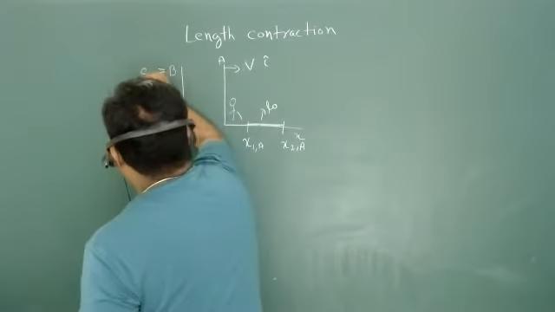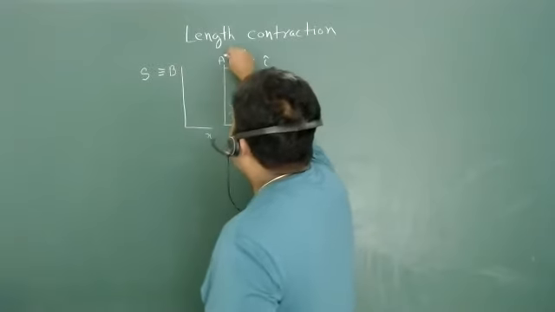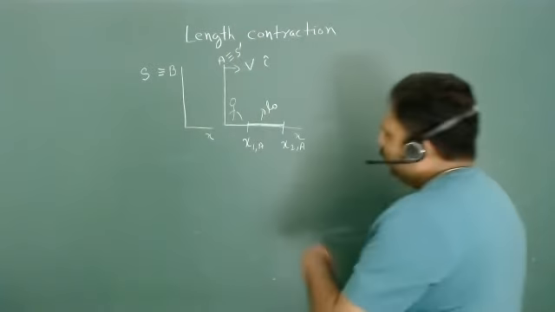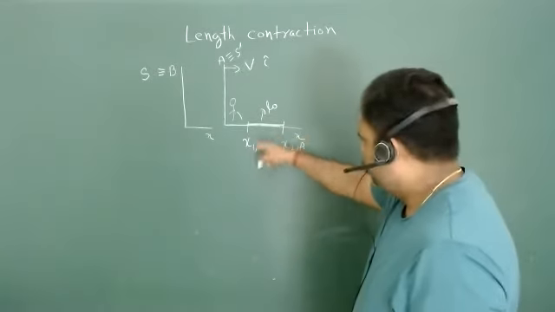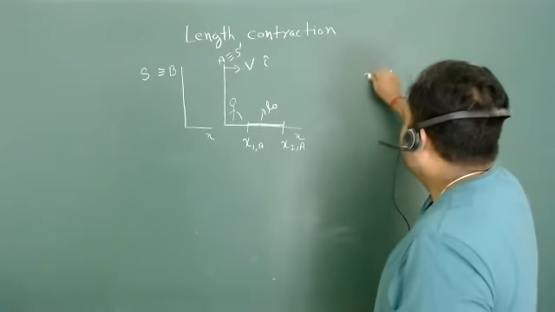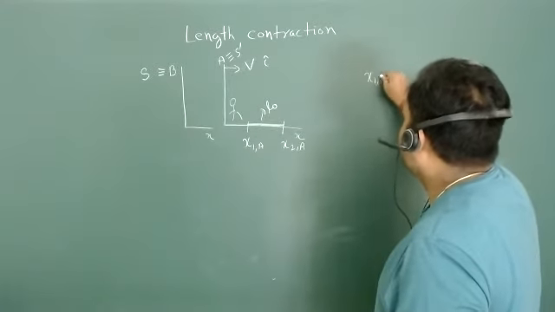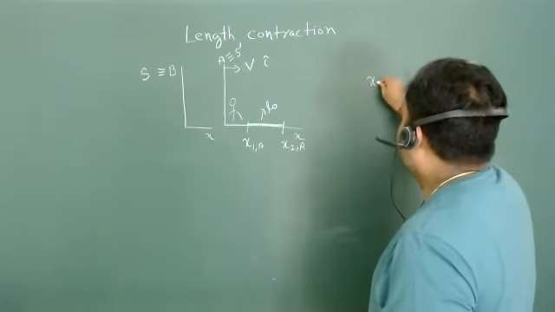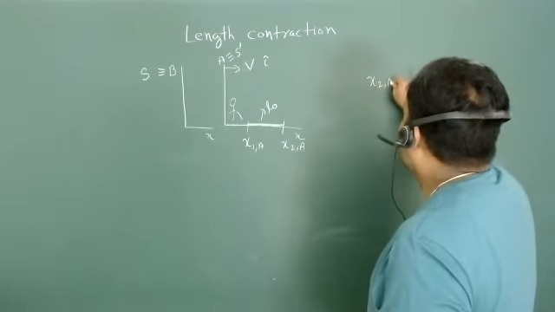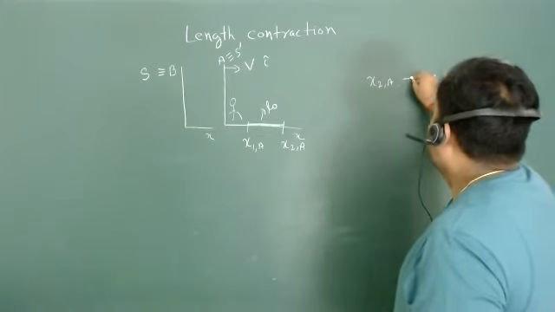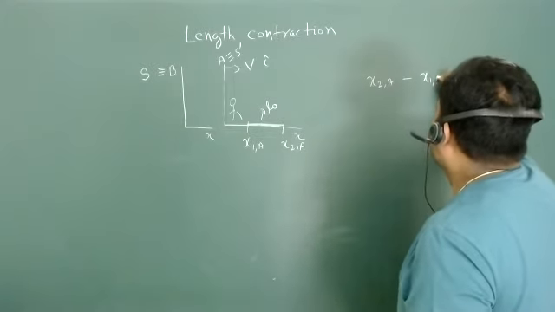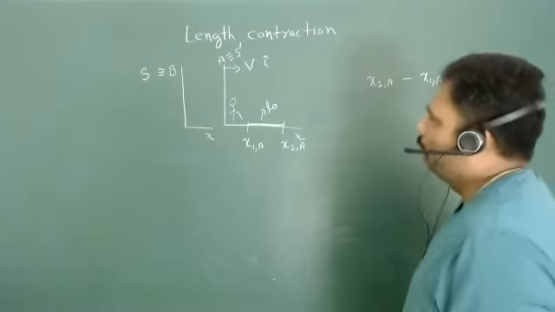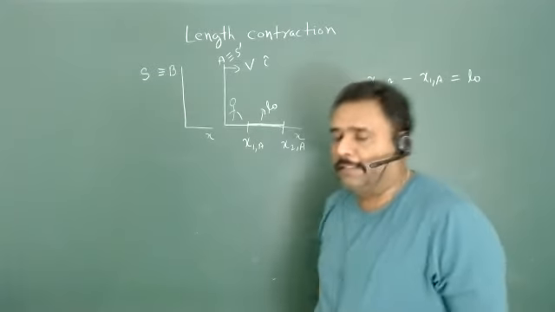And obviously, if the whole frame is moving with respect to B, then I can say this B is actually my S frame and this A is actually my S dash frame. So I can write the length as x2 with respect to A minus x1 with respect to A, equal to L0, because it is the proper length.